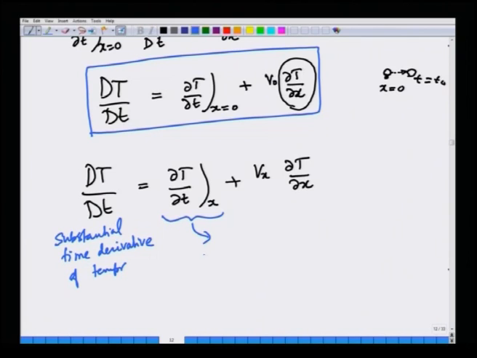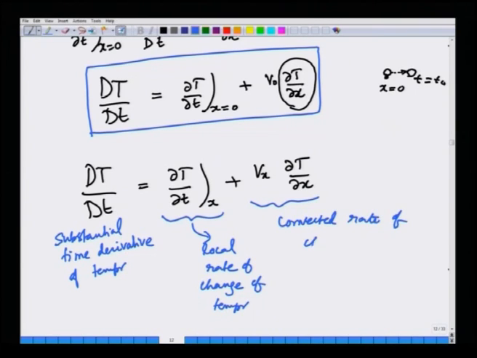This is the local rate of change of temperature. This is the convected rate of change of temperature.